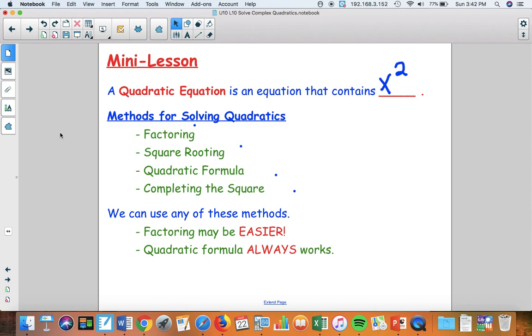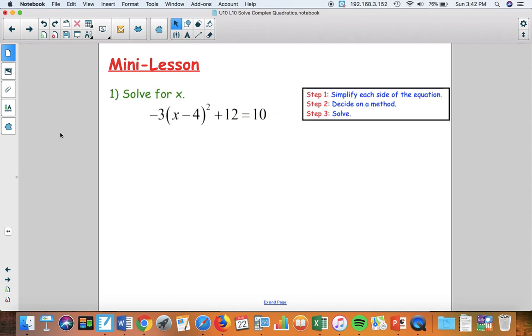Okay? Now, factoring may be easier, but quadratic formula will always work, which is why we stress the quadratic formula. So let's look at this first one. So when you have something that doesn't exactly look like a quadratic, but it looks like you can simplify, let's try to simplify first. So we're going to simplify both sides of this equation.